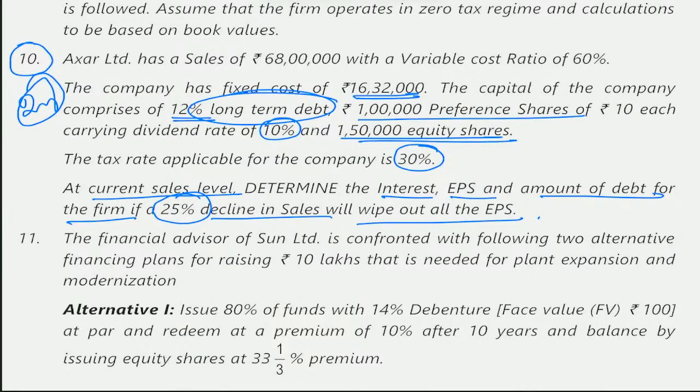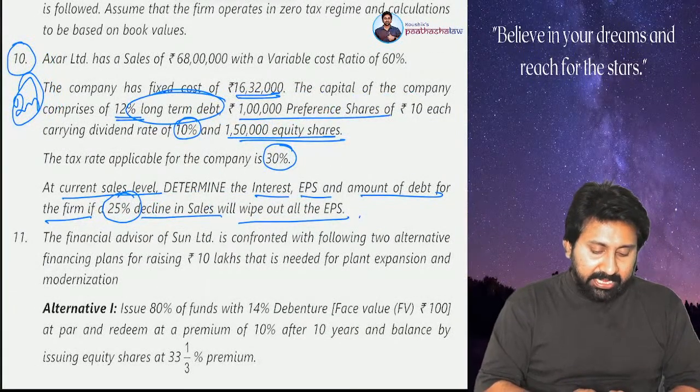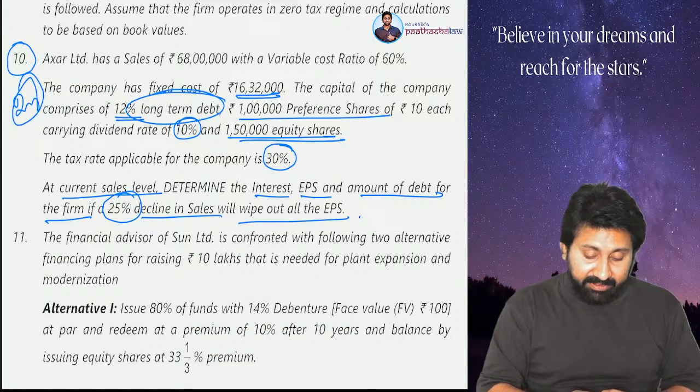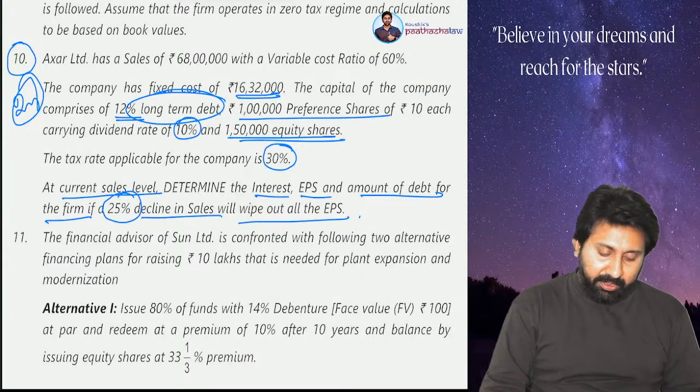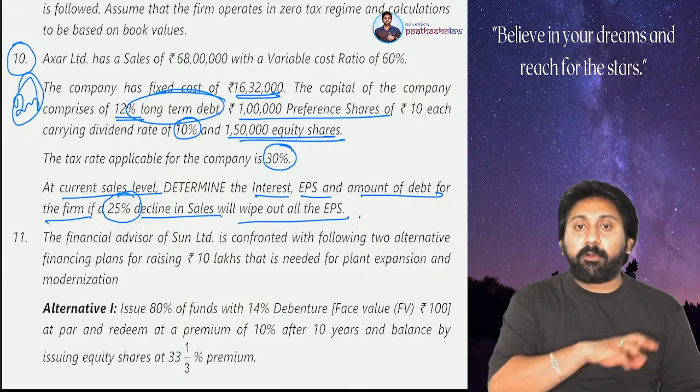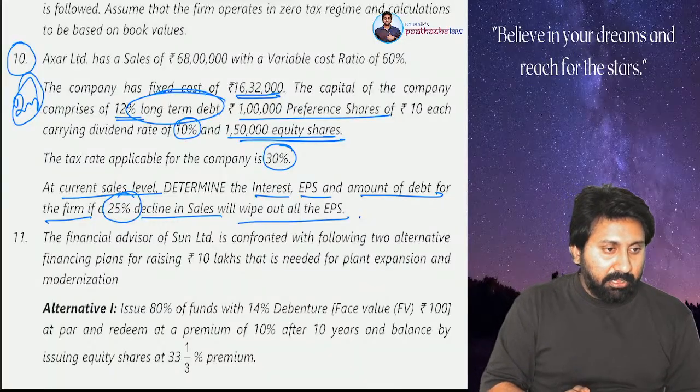Variable cost ratio is 60%, so variable cost is 60% of 68 lakhs. Next, the fixed cost to the company is 16 lakh 32,000. Capital comprises 12% long-term debt, 1 lakh preference shares of 10 each carrying a dividend, and 1 lakh 50,000 equity shares. That is the capital structure of the company. Next, tax rate is 30%. At the current sales level, determine the interest, the EPS and the amount of debt for the firm, if a 25% decline in sales will wipe out all the EPS.